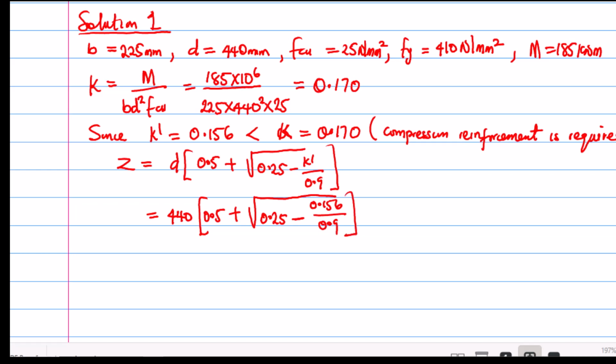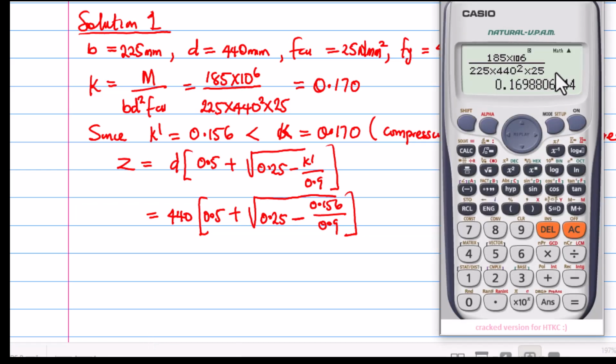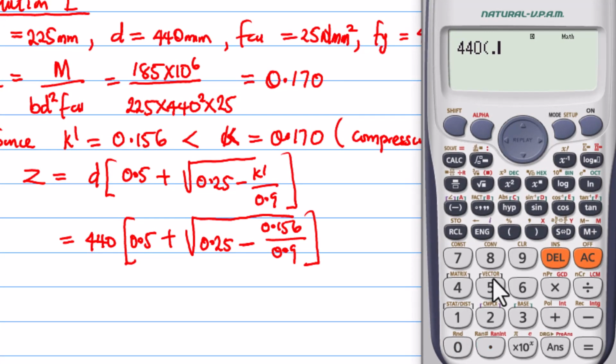Once again, you bring out your calculator and calculate. So we have 440, bracket open, 0.5 plus square root of 0.25 minus 0.156 divided by 0.9.